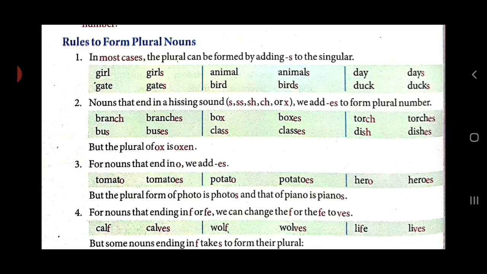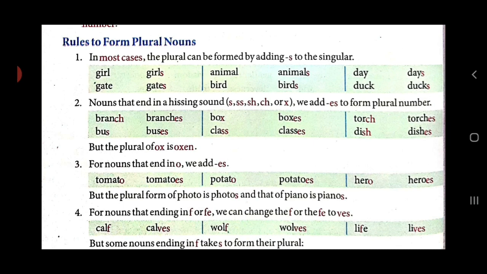Bus. Then double S, I will pick up class, C-L-A-S-S, class. Okay. Then if we talk about SH, dish. Then CH, torch. Then X, box. So in all these words, you all noted the hissing sound is coming at the end. Okay. So here, for making them plural, we have to add es to them.